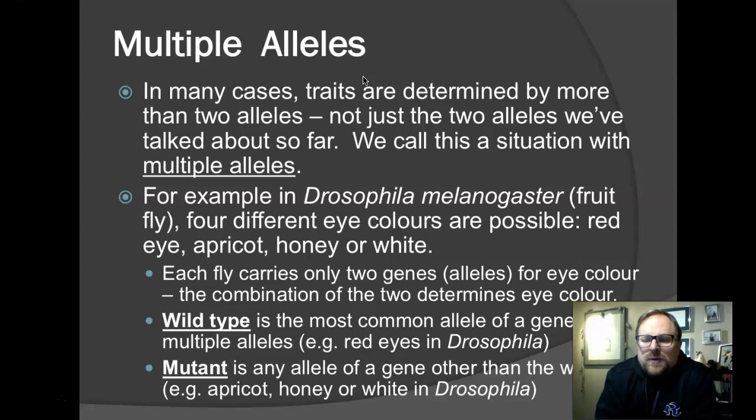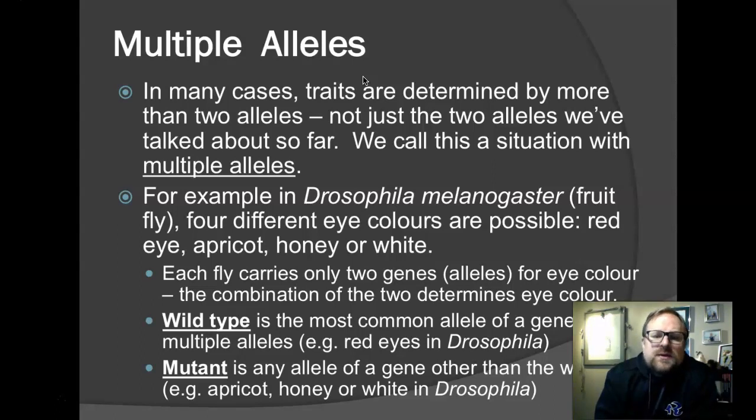In the monohybrid situation, there were 2 possibilities for the shape of the seed: either round or wrinkled. Those were the 2 alleles we had associated. Sometimes, in certain cases, we have a trait that has more than 2 alleles associated with it. It could have 3, 4, 5, 6 alleles, each of them with a different physical expression of that trait.